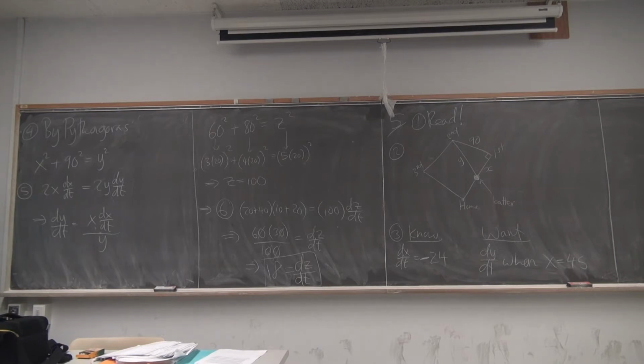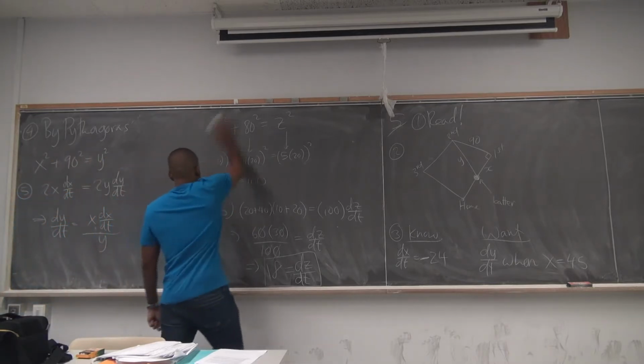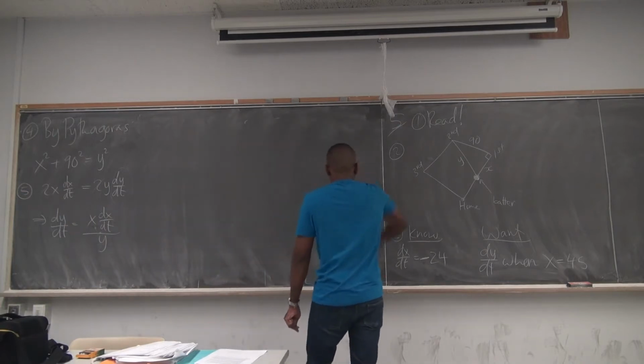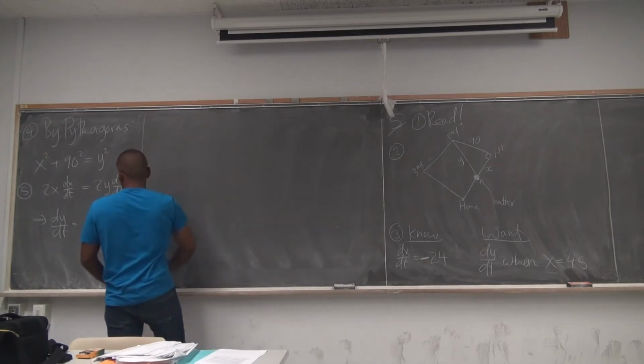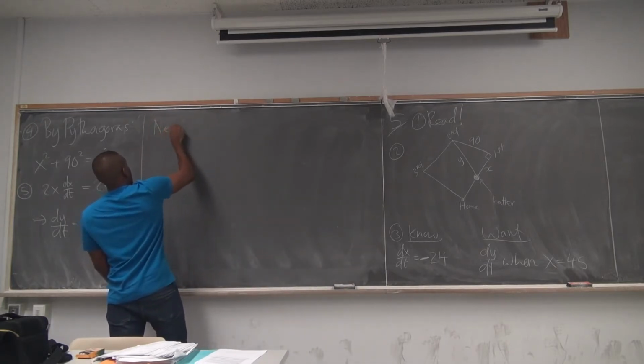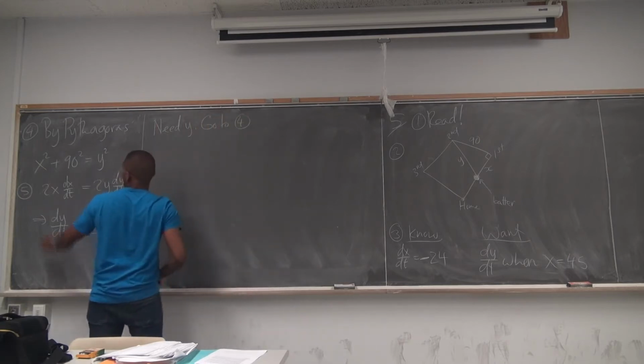So now I want to plug everything in and solve for what I want. The x, I know it's 45. dx dt, I know is minus 24. The y is? Unknown, we gotta figure it out. I don't know what the y is, so go back to step 4. So I'm going to plug in what I know.